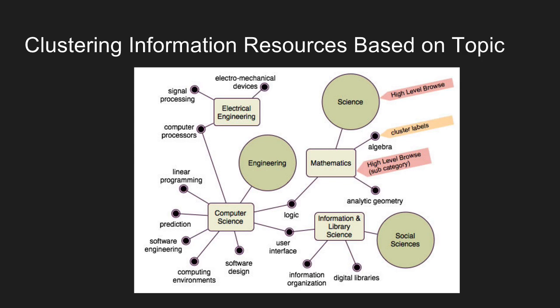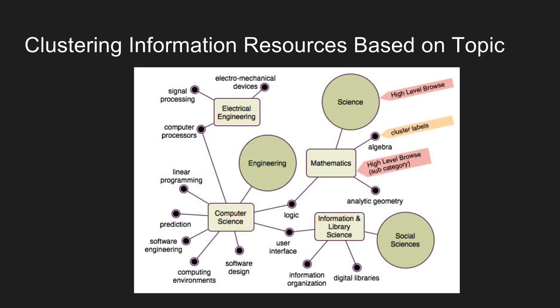Here's a pretty cool example of clustering, where our data is different information resources. Imagine I'm on Google and I'm looking for different resources for my project. I'd like to be able to group the sources of information into different categories. Maybe at a high level, I can group them into engineering, social sciences, and sciences.